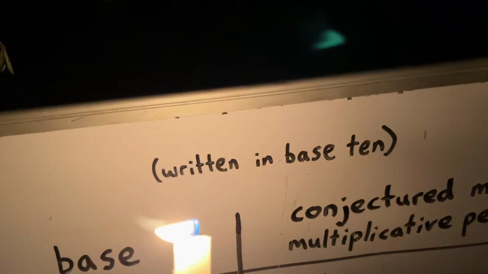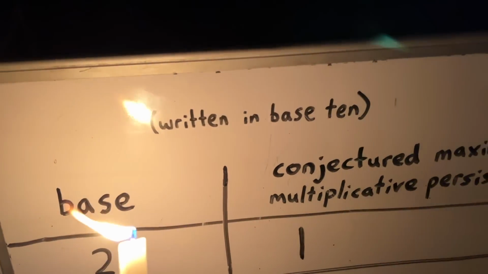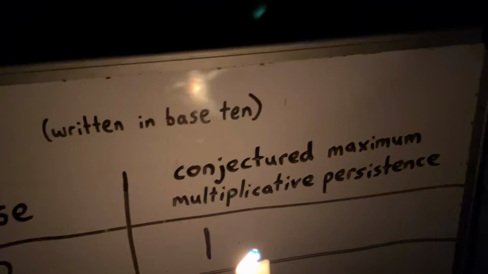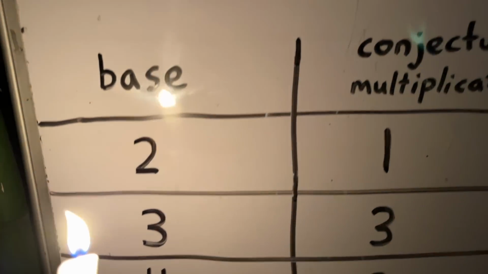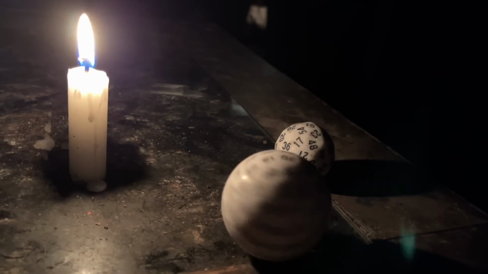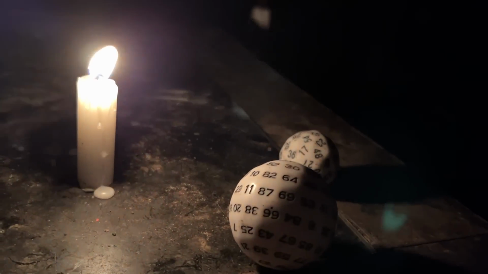In general, the different bases that have been investigated in this way each have a conjectured, but not proven apart from the case of base 2, maximum multiplicative persistence. And as we go higher, sometimes by having a larger base number, it seems like there is a larger maximum.